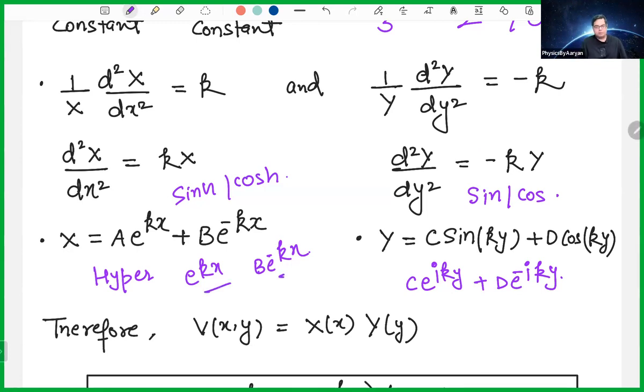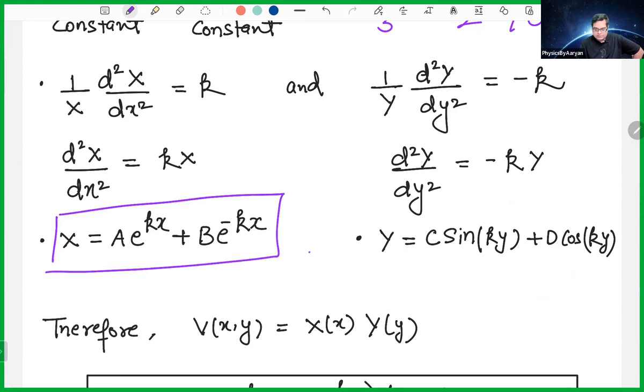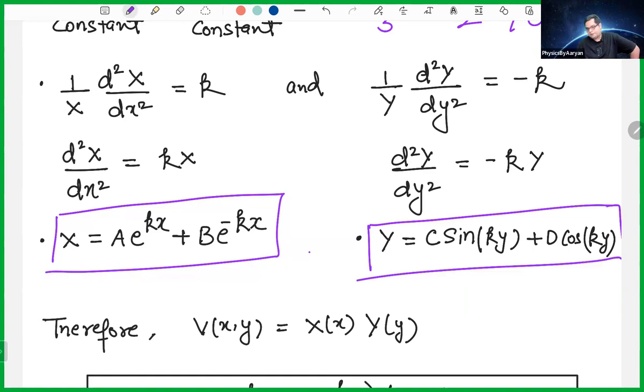Okay? Or you can say e to the power kx and e to the power minus kx, or e to the power iota ky or e to the power minus iota ky. Iota ky and minus iota ky can also be written in terms of sine and cos. You know de Moivre's theorem, e to the power iota theta is cos theta plus iota sine theta. That is what I'm using. Okay. So what we need to know now is that my x is equal to a e to the power kx plus b into e to the power minus kx, and my y is equal to c sine ky and d cos ky.